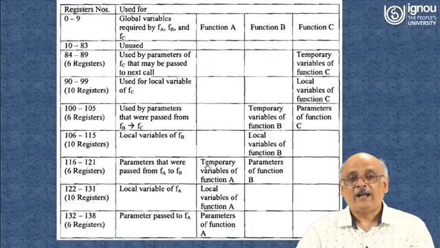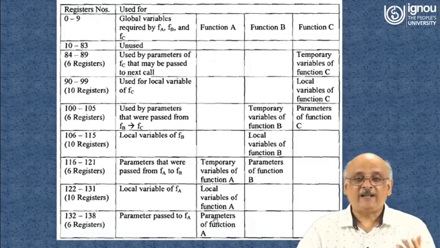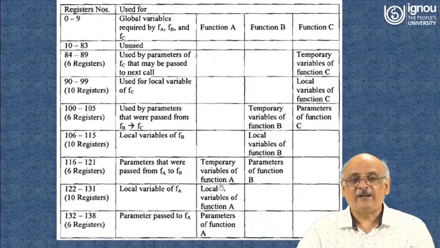And as and when this particular function A wants to call function B, function A will put those parameters for function B in the temporary registers, which are registers 116 to 121. So suppose you are calling with, let's say, A, B, C and D, 4 variables, or let's say X, Y, Z, 3 variables only.